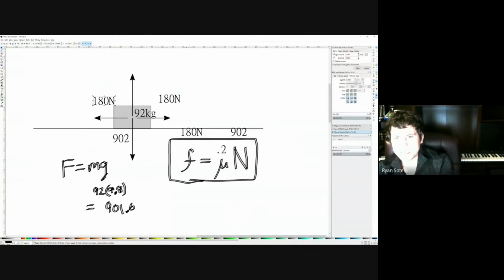So the kinetic friction will be able to put up with 180 newtons worth of force for a 92 kilogram object. The 92 kilogram object has a weight of 902 newtons, and 20% of that is what the friction can do. So we would have to balance that in order to keep it in equilibrium, to keep it from speeding up or slowing down.